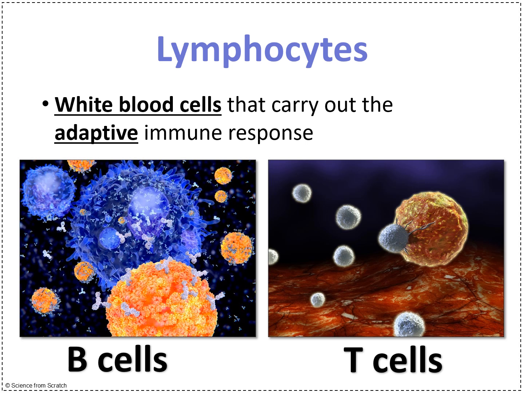So white blood cells are those cells that are immune cells, and they will carry out the adaptive immune responses. So these are the ones that will learn how to fight one specific invader or one specific bacteria or virus. And we've already learned a lot about lymphocytes in the cardiovascular system.